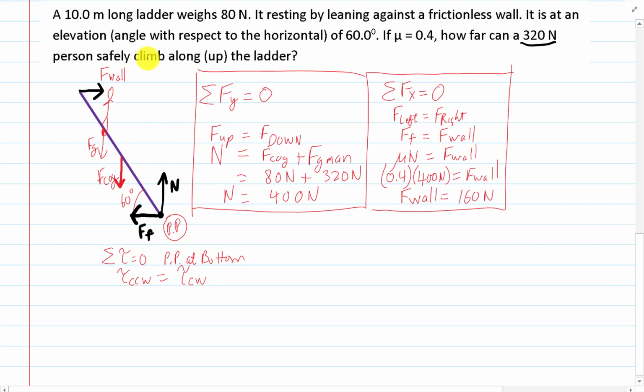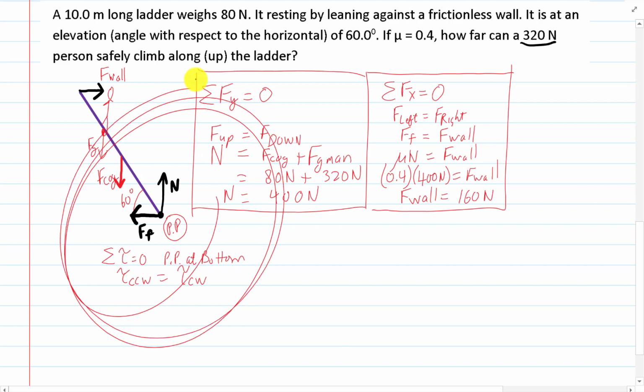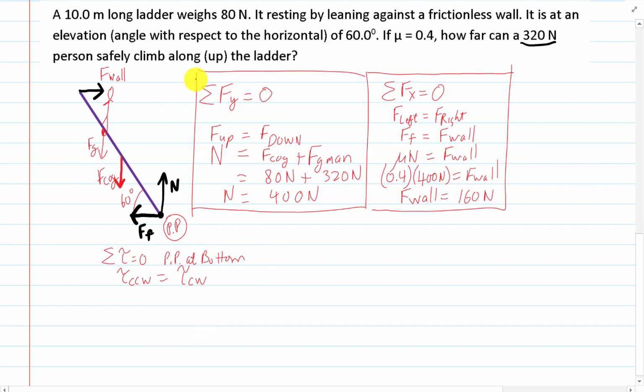Now the torque clockwise is the F wall, because that's causing it to go around the pivot point this way. And the two other ones, the guy and the ladder, go the other direction. So the torque of the ladder plus the torque of the man has to equal the torque of the wall.